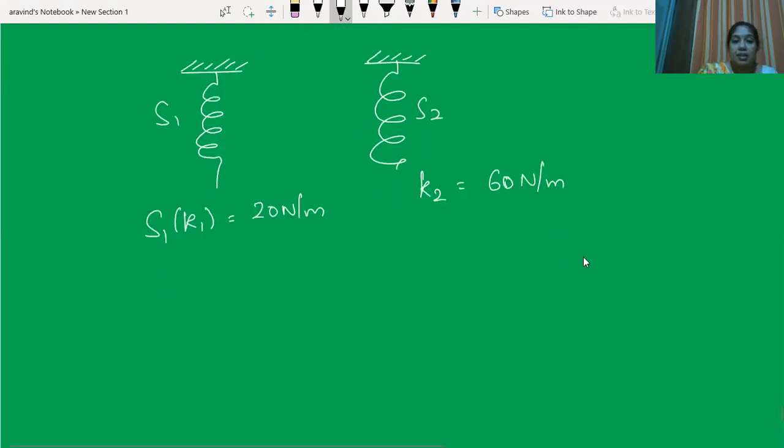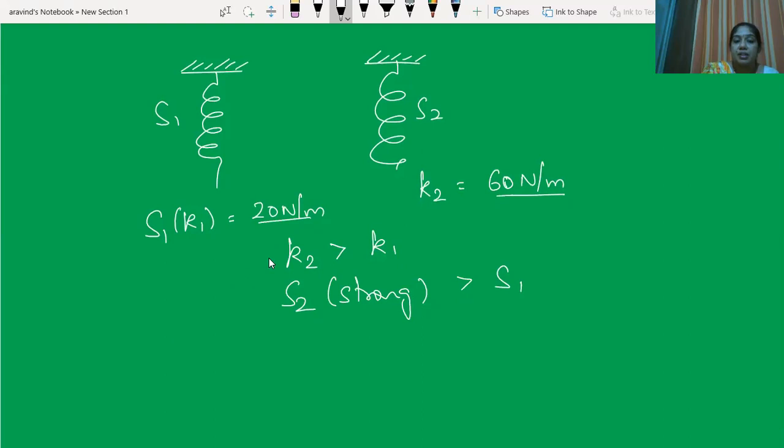On comparison, it is obvious that K2 is more than K1, that is, the spring S2 is stronger than spring S1. Why? Because there is a lot of difference in their stiffness factors. The higher the stiffness factor, the stronger is the spring, because a higher stiffness factor indicates that the spring can withstand more load without breaking.